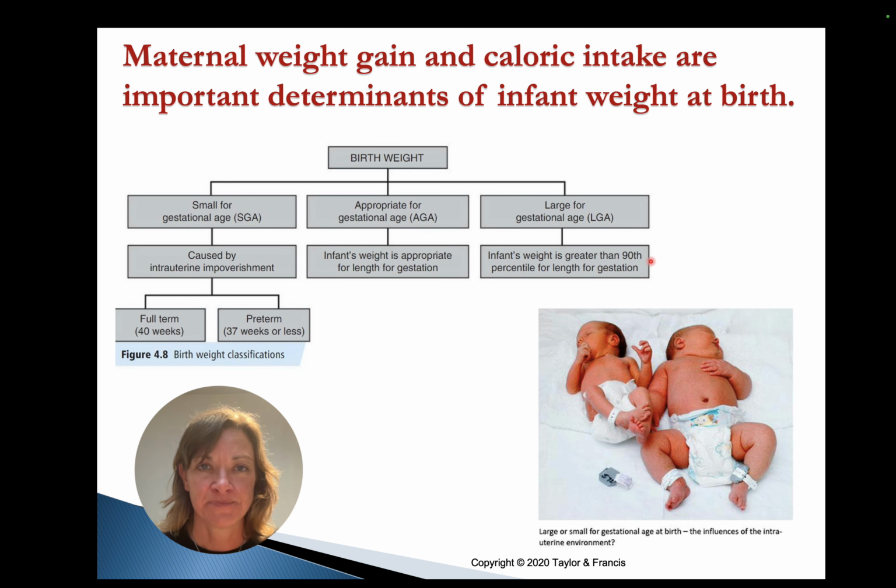So really, you want to keep baby in this AGA range, an appropriate for gestational age range of weight. And that range is very large. There's a hugely normal range, but babies who are somewhere in this range have an easier time after birth, and birth itself is easier. Large for gestational age is a risk factor for birth-induced trauma. It's difficult to actually get an LGA baby through the birth canal.